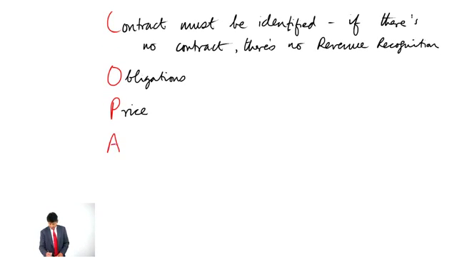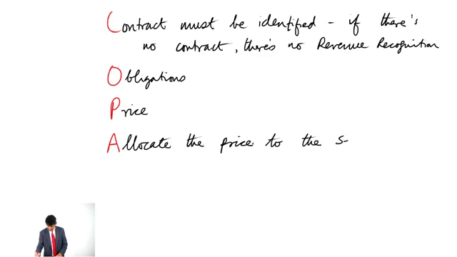Clearly where the price covers more than one service, one contract, one part of the contract, we have to allocate the price to the separate performance obligations.